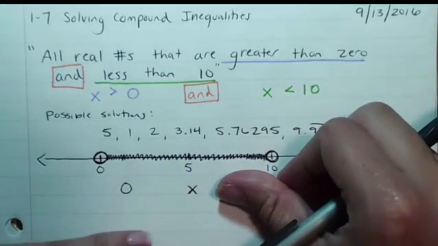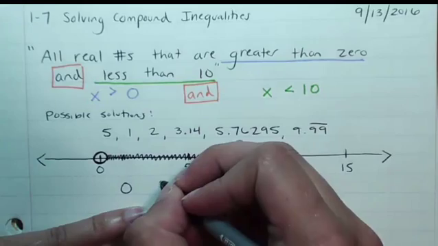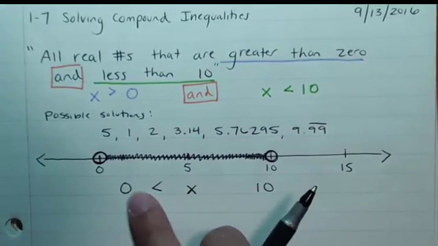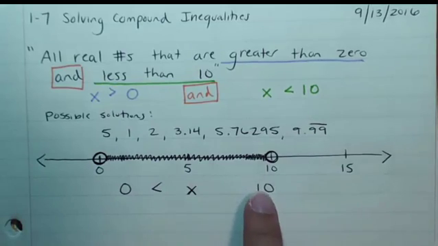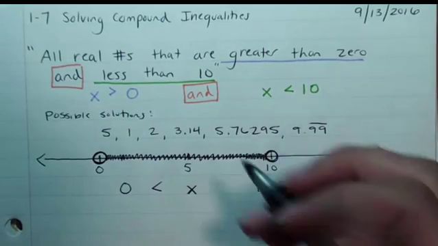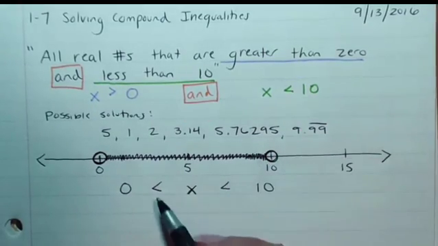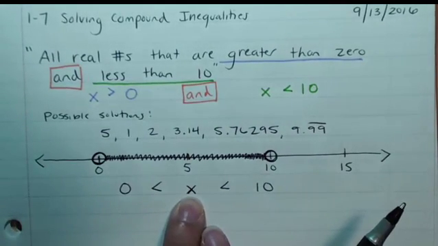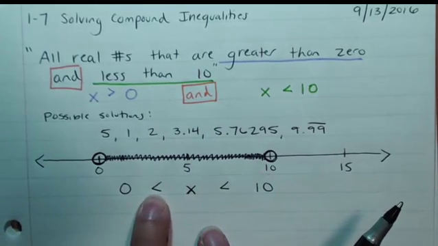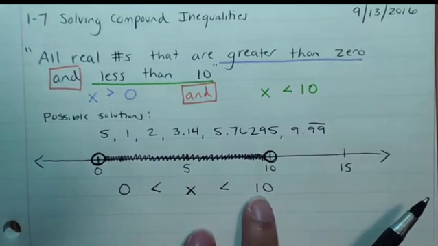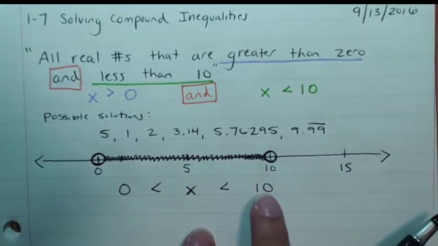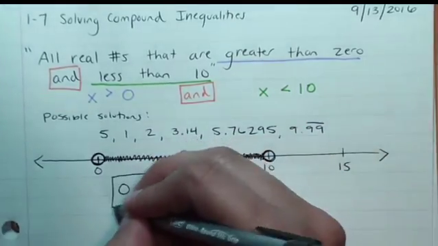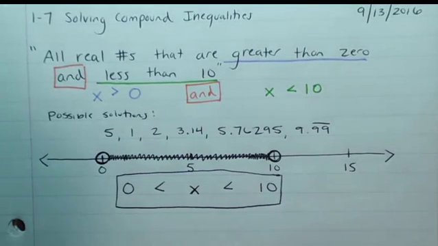So if I'm just looking at these two, x is greater than 0. I'm reading it backwards a little bit. And x has to be less than 10. Now, this represents that any solution, that could be x, is greater than 0, but it has to be less than 10. Okay, so that's how I would write this compound inequality.